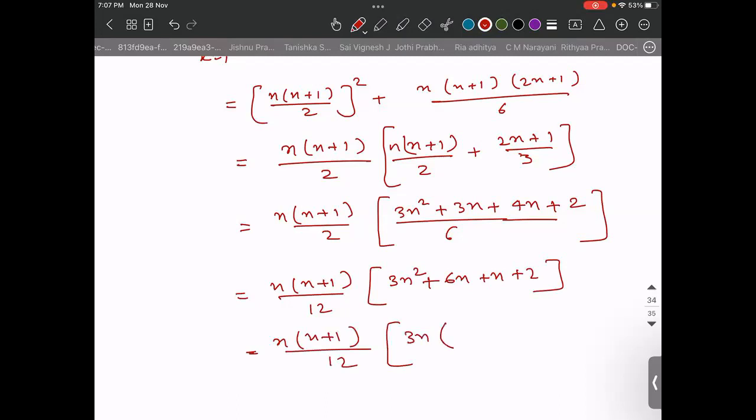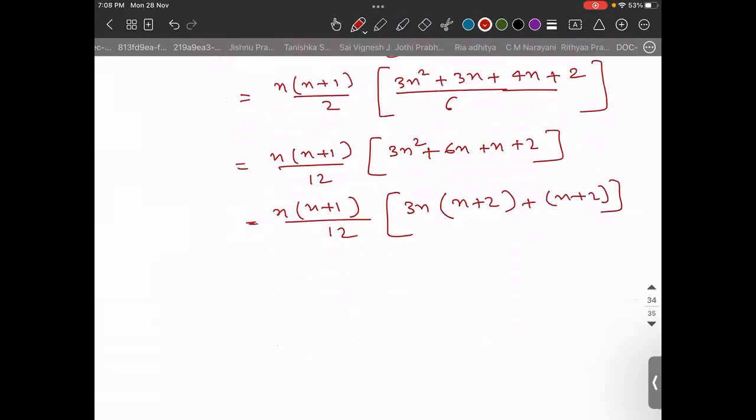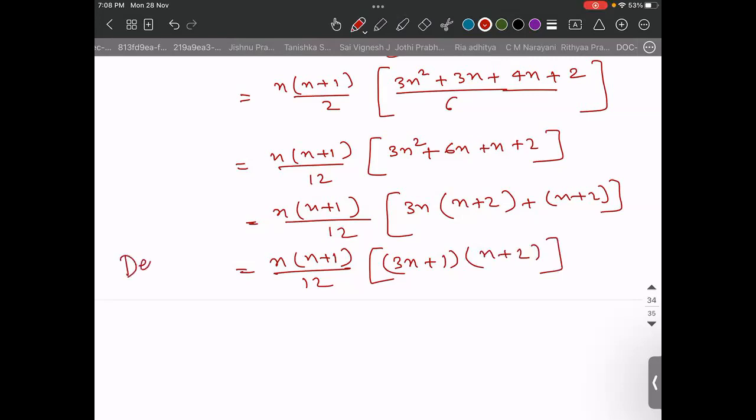So 3n, that means we'll get n plus 2 plus n plus 2. Right? So n into n plus 1 upon 12. It's just playing with the equation, nothing fancy. Just algebraic expressions. N plus 2. Okay, so this is your denominator.